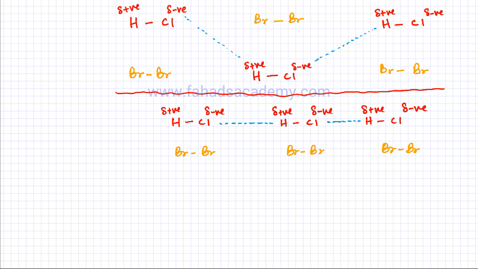And what eventually happens is that two separate layers are formed, as all the HCl molecules attract each other. They group together and form one layer, whereas the bromine molecules are pushed aside and form another layer. And this is what you generally observe.